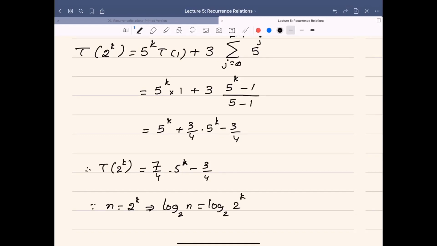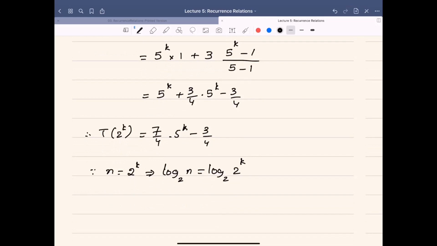Because we have a power of 2. So logically we take log of 2, and here what we will get? We will get log base 2 of n is equal to k log base 2 of 2, and you know that log base 2 of 2 is equal to 1. So therefore k is equal to log base 2 of n.